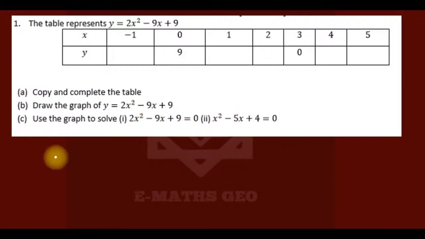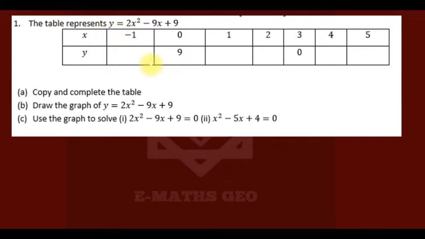We know that once you are given a table of values and you're asked to plot the graph, the first thing is to complete the table, even if you are not given the table. In this case, they gave us some of the values. You just choose any value of x and substitute in the equation to get the corresponding value of y.